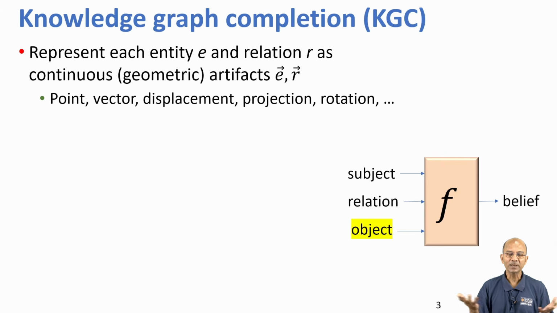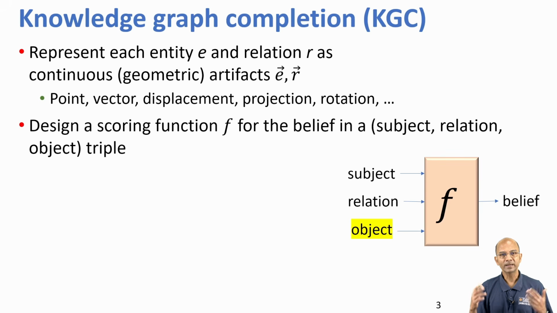It can be a projection or a hyperplane onto which these points are being projected. It can be a rotation. It can be all kinds of real or complex artifacts. Without getting into the detail of that yet, the purpose of the scoring function f is to take these representations as input and output some measure of belief in subject, relation, object as a triple.